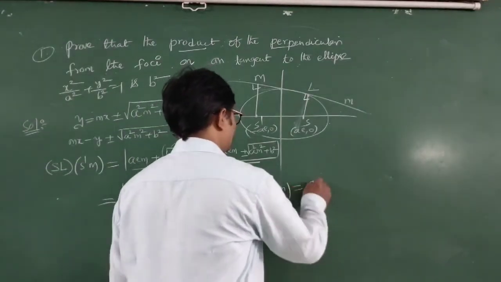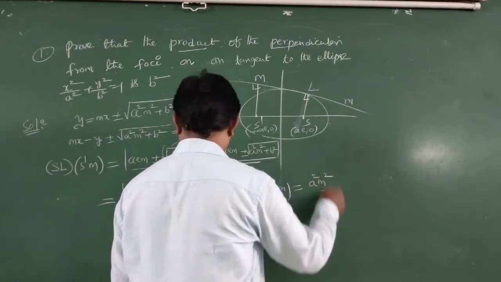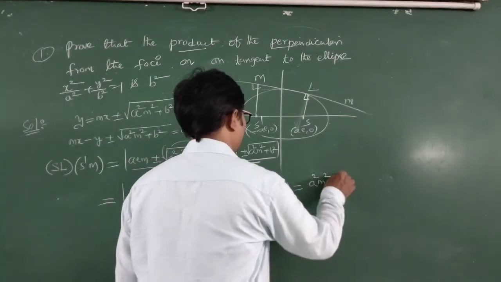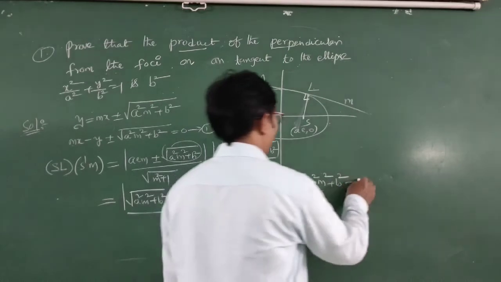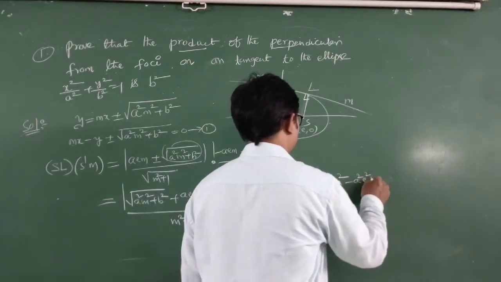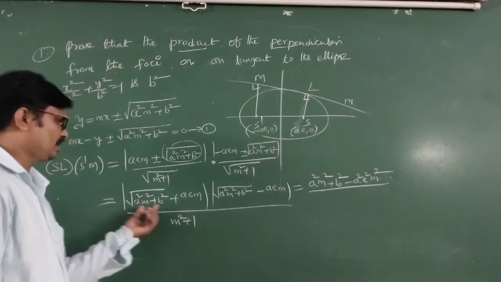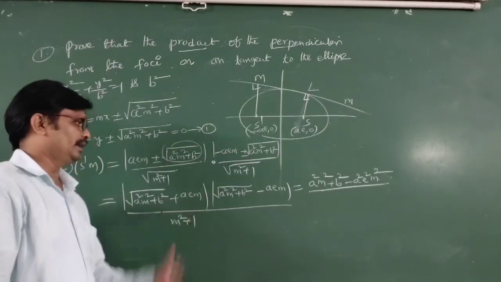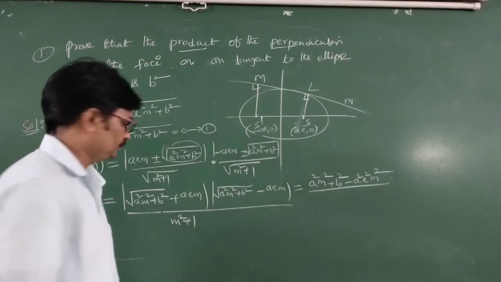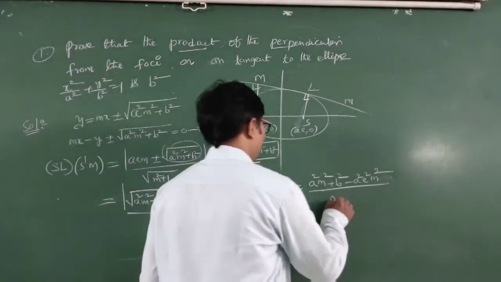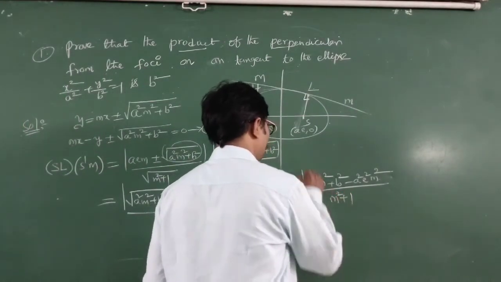So students, the numerator is a square m square plus b square minus a square e square m square, over m square plus 1.